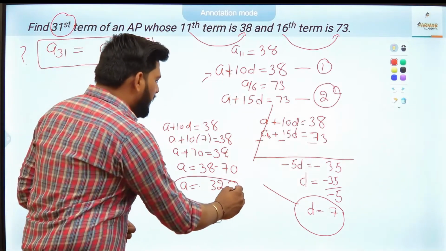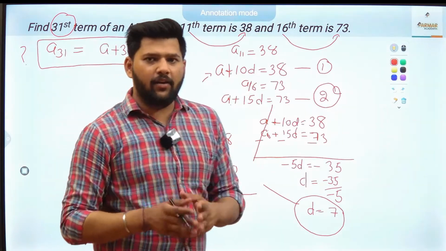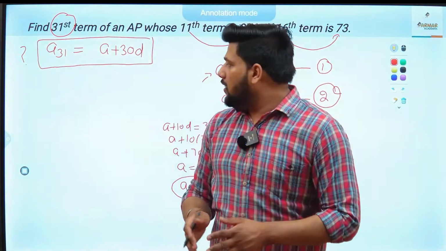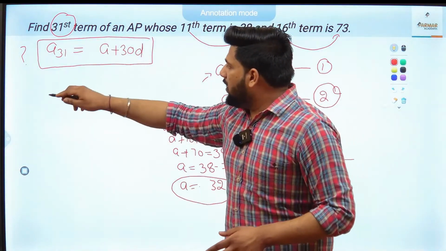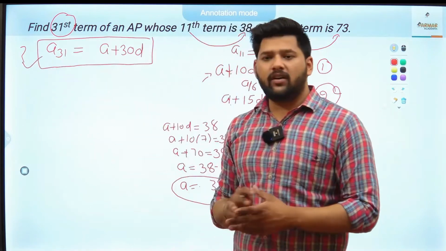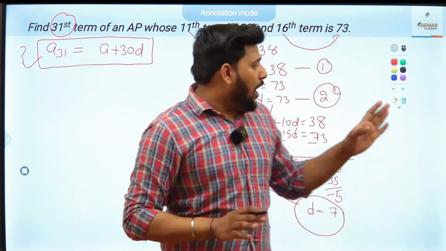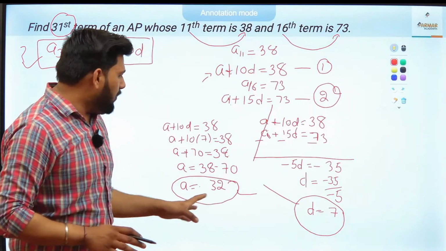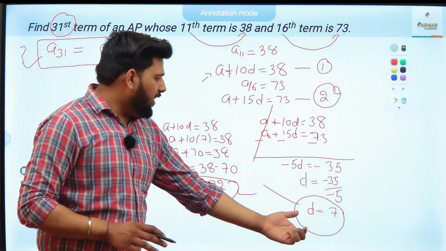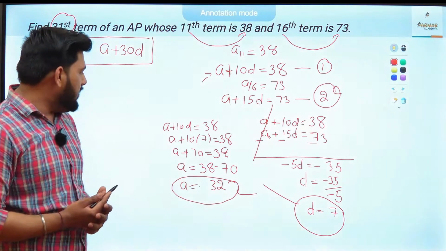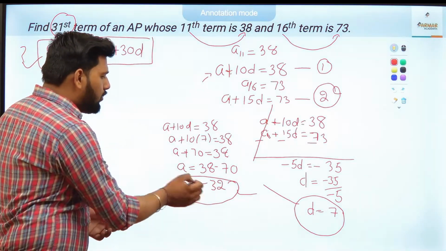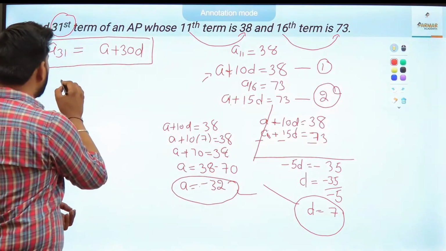Now we have the value of a, the first term, and the value of d, that is the common difference. Now look here, our main motive is to find the 31st term, and for that we need the values of a and d. After this calculation we have both values. The value of d is 7 and the value of a is minus 32. Now put the values here.